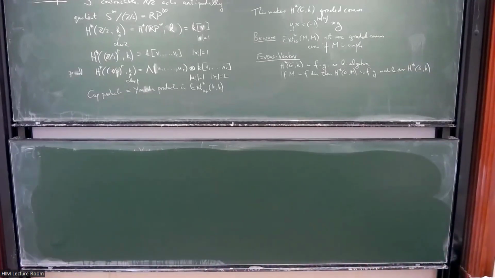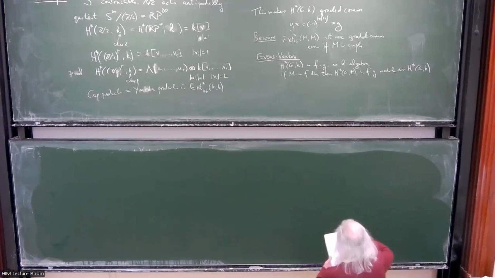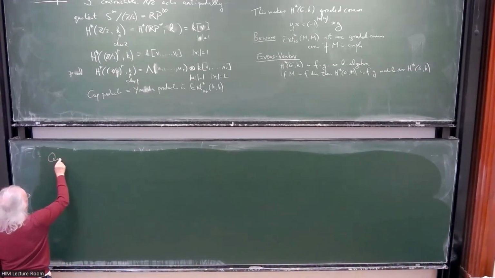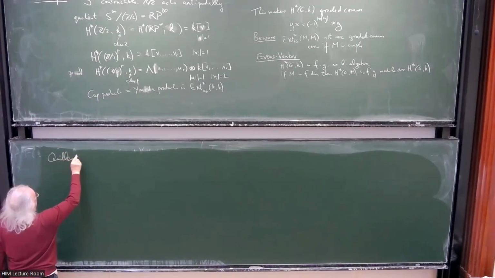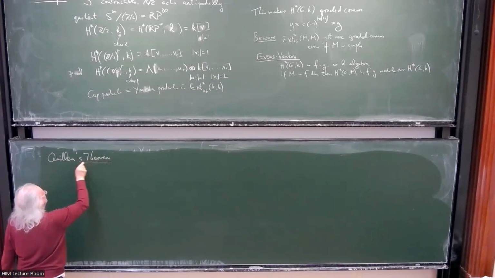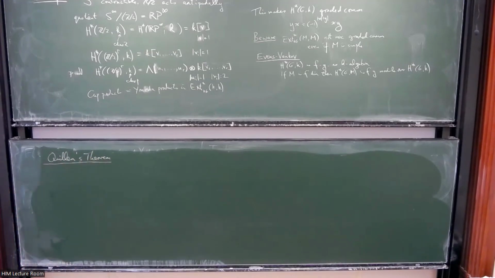Part of the reason why I explicitly told you the cohomology of elementary abelian p groups is because of Quillen's theorem, which is as follows.